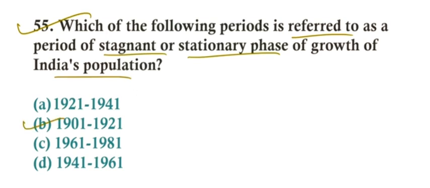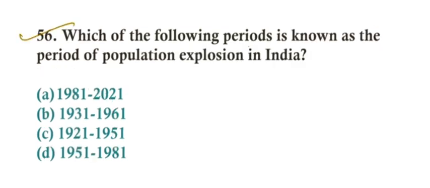Option number B, 1901 to 1921. 56. Which of the following periods is known as the period of population explosion in India? Option number A is the correct answer, 1981 to 2021.